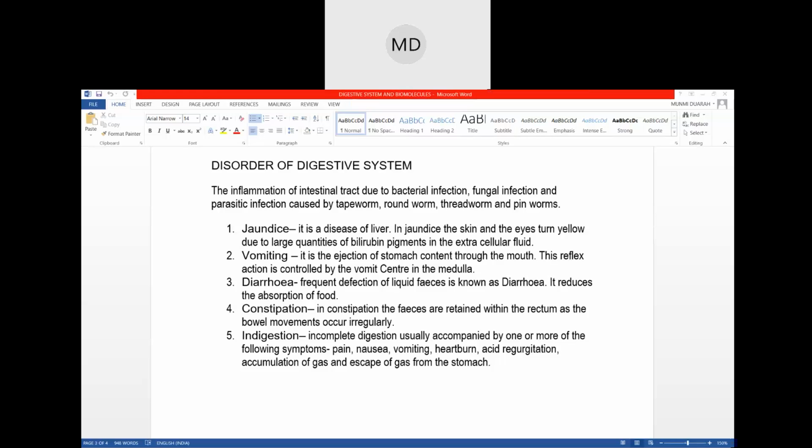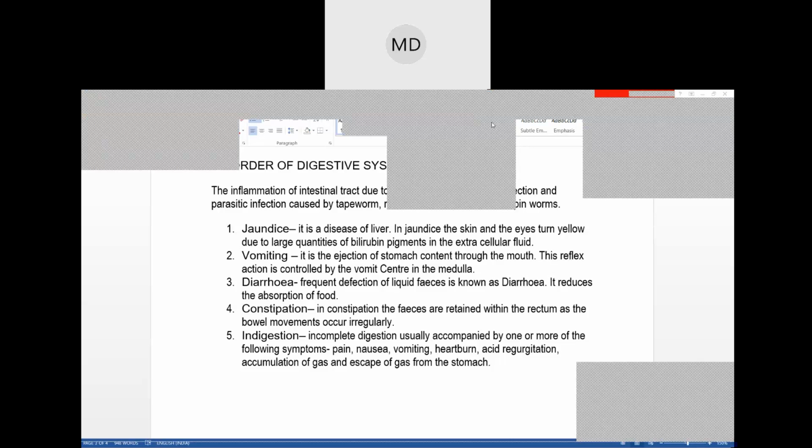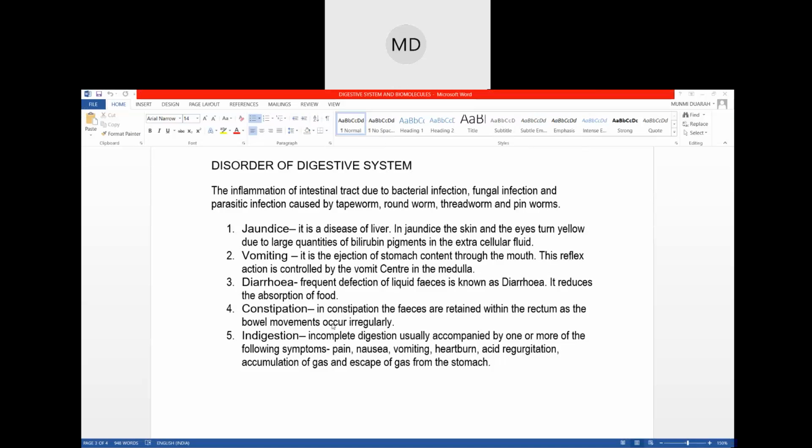Then there is constipation. Constipation is completely the opposite of diarrhea. For diarrhea you have to go to the bathroom frequently, right? But for constipation you don't go to the bathroom, and that is very dangerous, because you keep on eating and you are not going to the bathroom.